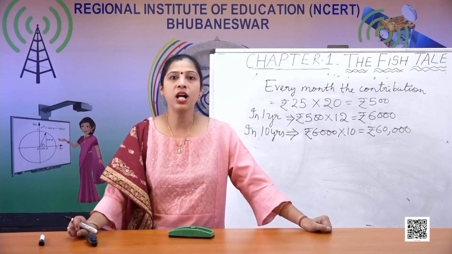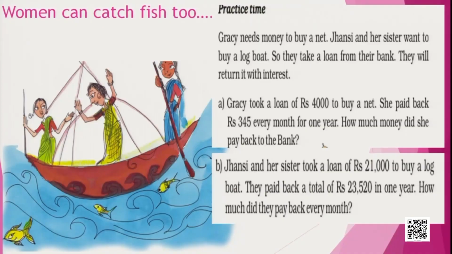Now, Gracie took a loan of rupees 4,000 to buy a net. She paid back rupees 345 every month for 1 year. So how much money did she pay back to the bank? Let's see.